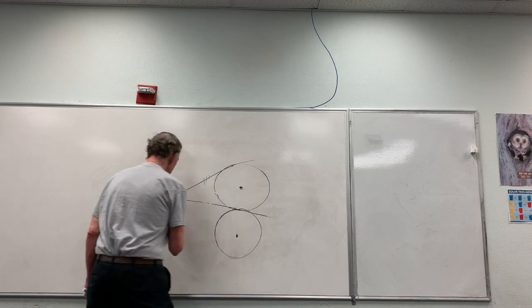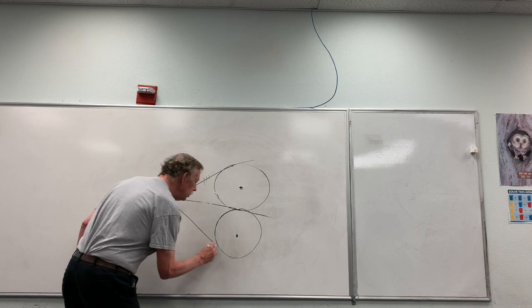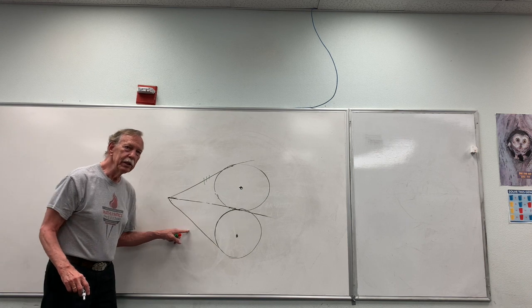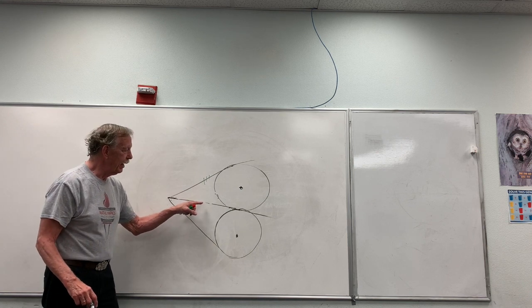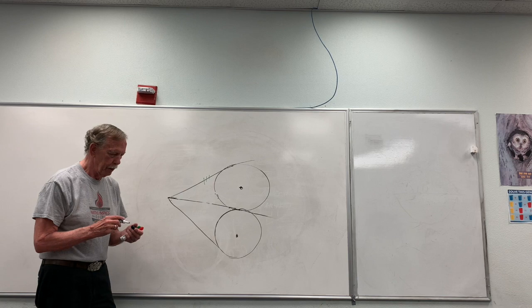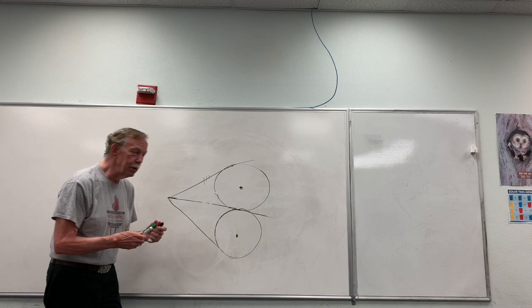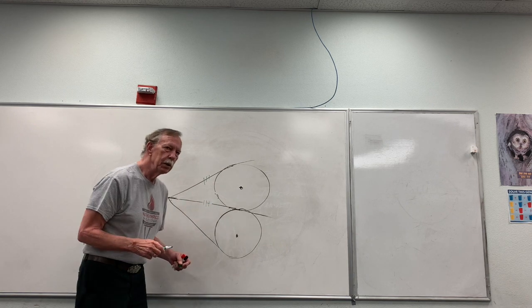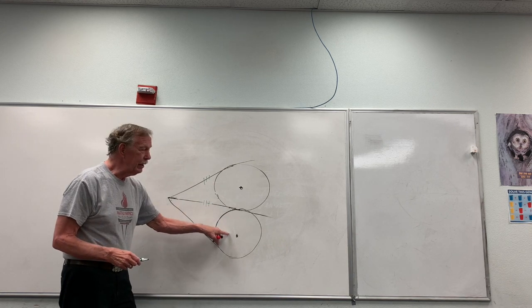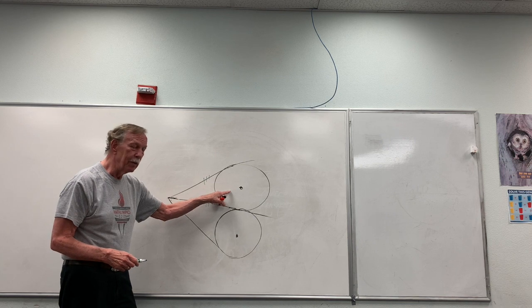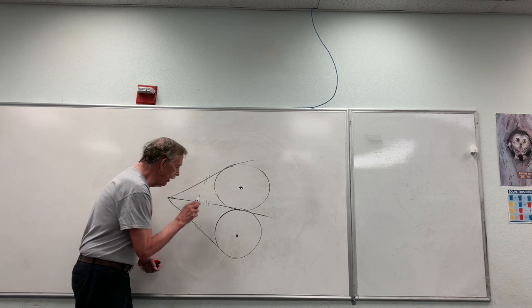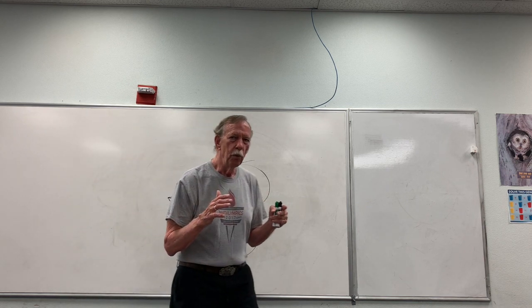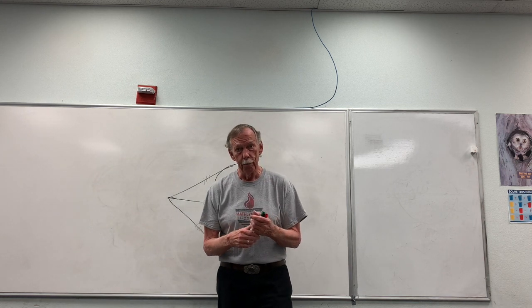And a tangent from the same point to that circle. This tangent is going to be exactly the same length as this one and this one. You've already seen the proof that these two are equal. Well, if this circle is the same size as that circle, then these two are equal. So if we know the length of one, we know the length of all of them.